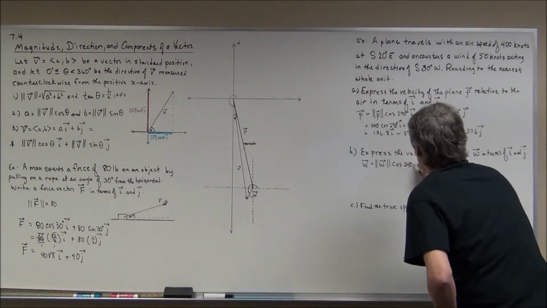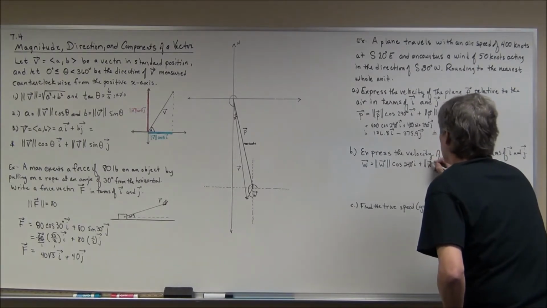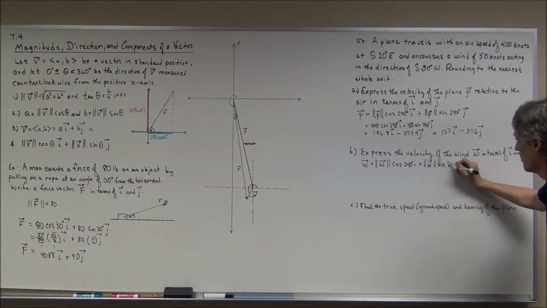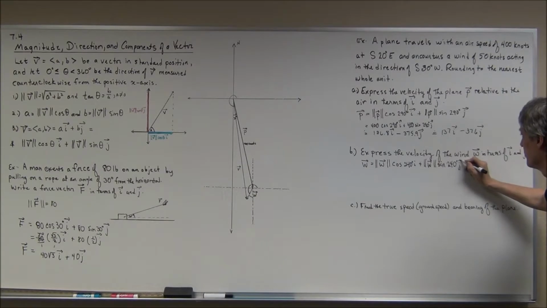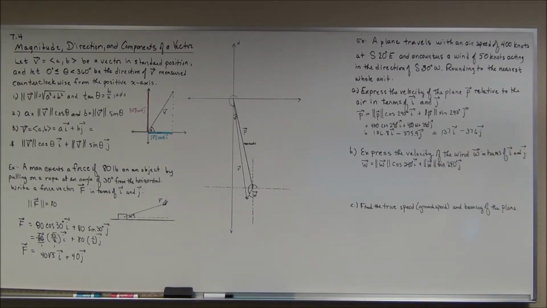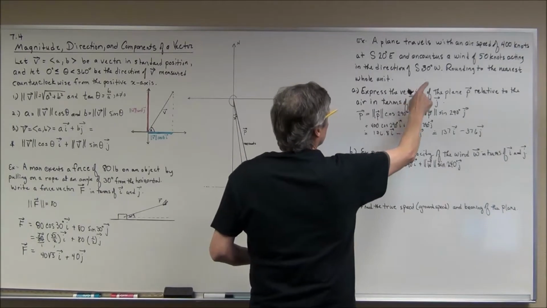At least I can do that one in my head. I plus the magnitude of the sine. I'm sorry, I'm probably right in front of the camera so you can't see what I'm writing down. Don't forget your symbols, those are vectors. The cosine of 240 is negative 1/2, and this is 50.